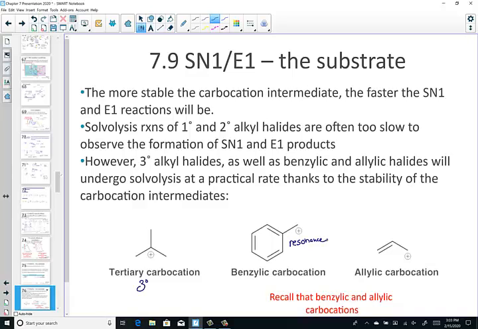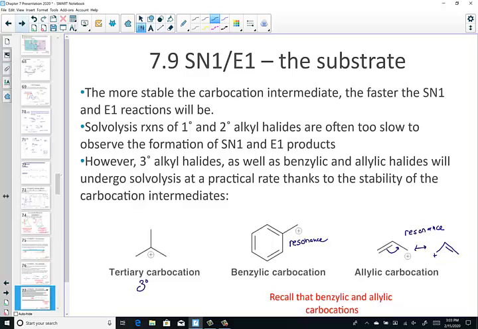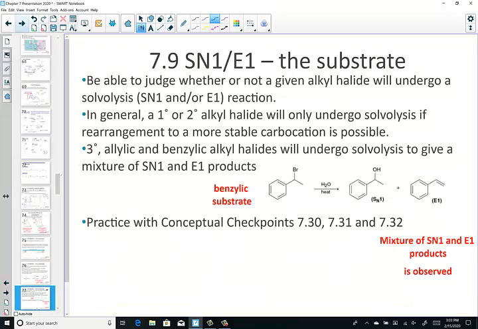And the allylic carbocation is a great choice for E1 SN1 mechanisms because it is also resonance stabilized. You could see that the pi bond could move and you could form a resonance stabilized structure. So those are the promotions of E1 SN1 reactions.